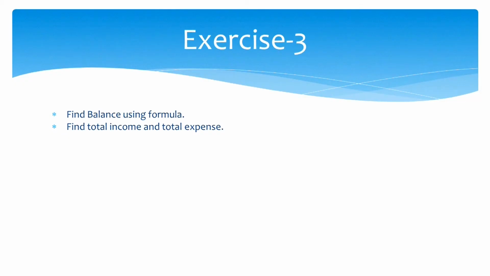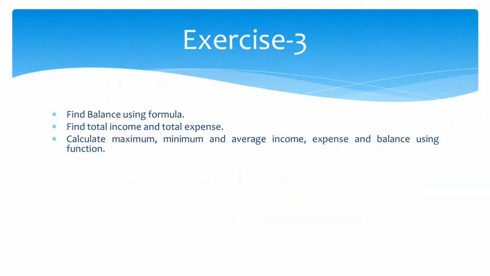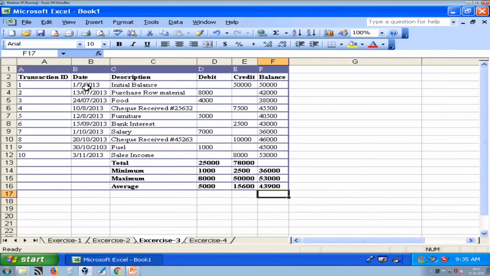So, we find out balance, we have found out total income and total expense, we have calculated maximum minimum. Now, we want to sort in descending order of date. So, here is our date, you have to just press A to Z for ascending and Z to A for descending.